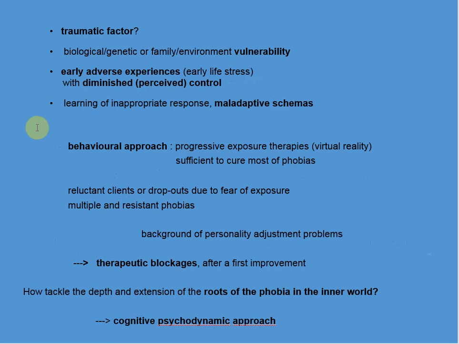There may be early adverse experiences, things that happened in the person's earlier life, which may have had limited opportunities for control. Remember that control is a very important basic psychological need that people strive to attain. People may have learned a range of inappropriate responses, what we would term maladaptive schemas.